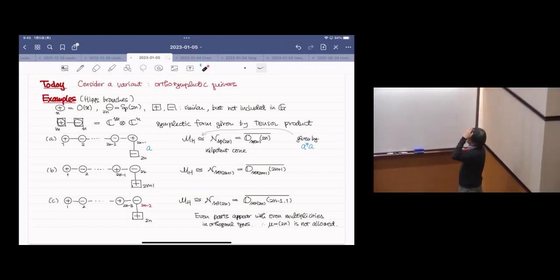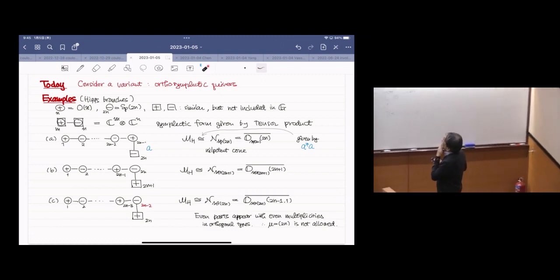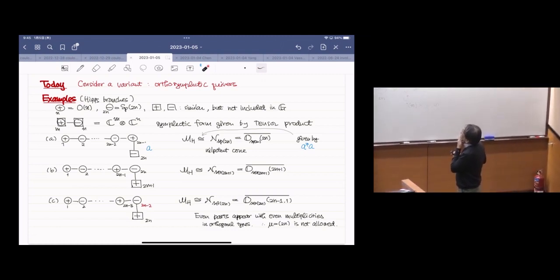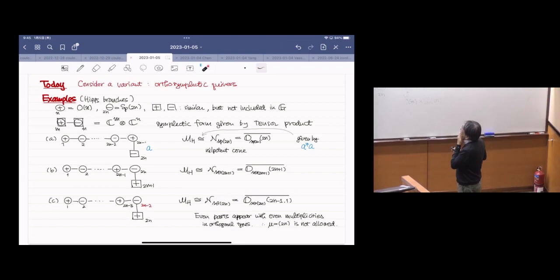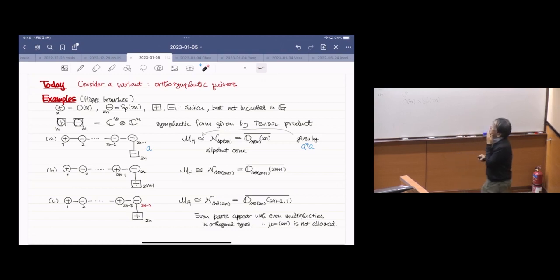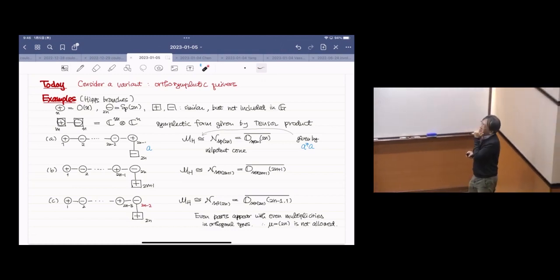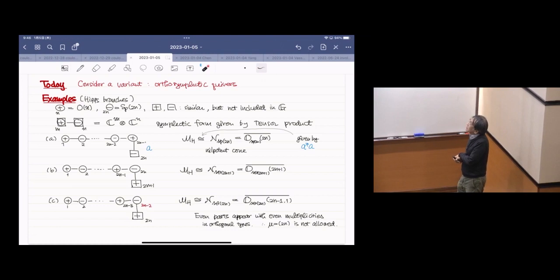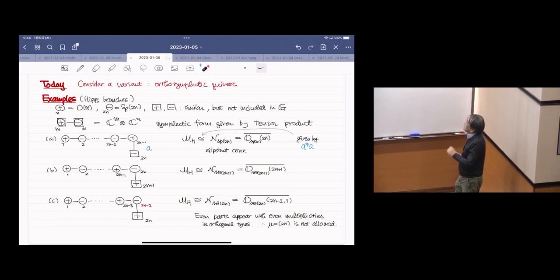And then I consider the symplectic reduction. So this is M///G. In the first example, I start with the 2n dimensional symplectic vector space, and I decrease the dimension one by one. At the end, I get a one dimensional symmetric orthogonal vector space. Then you consider the symplectic reduction.